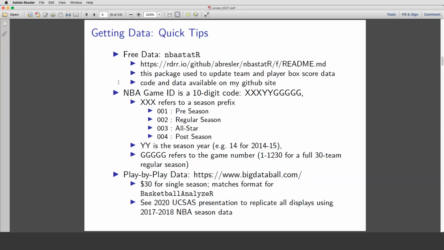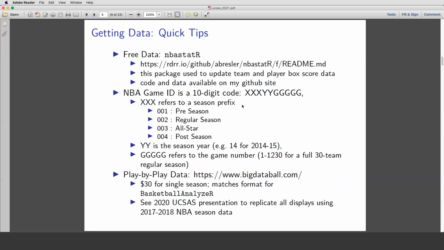And the reason I mention this is I used this package to update team and player box score data. The code I used to update the team and player box score data, as well as get it into a format for this BasketballAnalyzeR package, is on the GitHub website. That's a little more of the nitty-gritty stuff, but if you want to get data and get started, there is code out there.